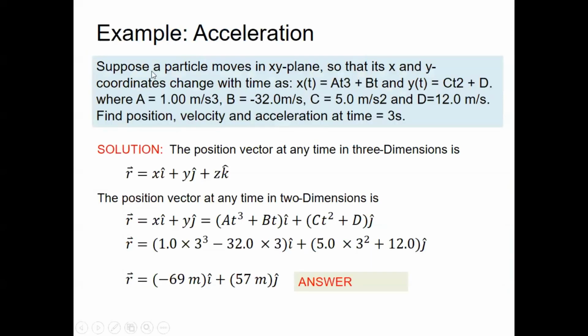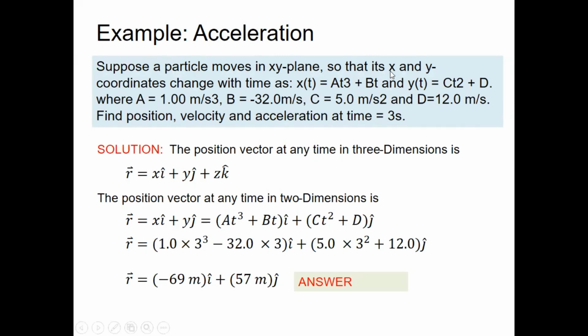Let us do one example to figure out the values, using a particle which is moving in the xy plane. It is much easier to study the two-dimensional case at this stage, and we can extend our study to three or more dimensions.